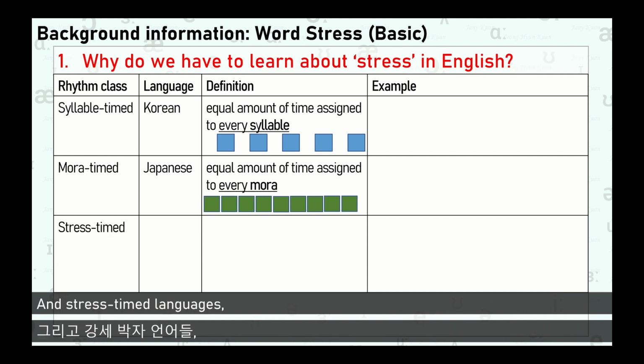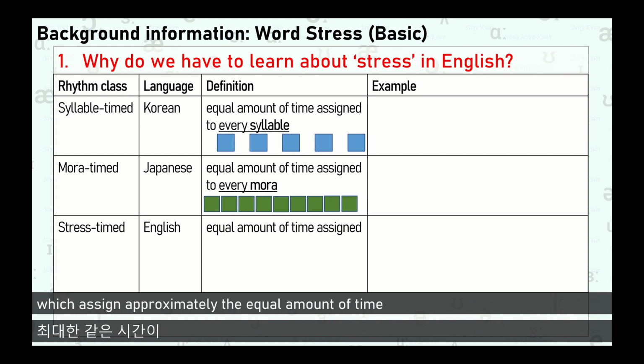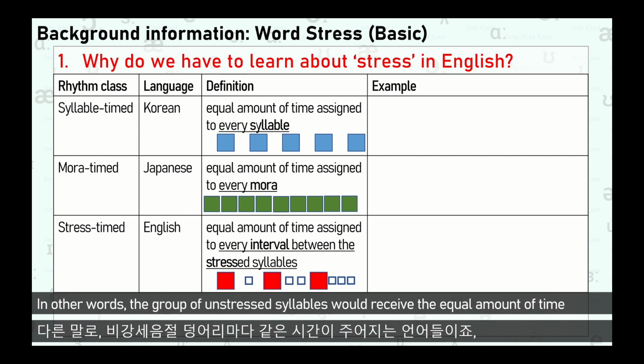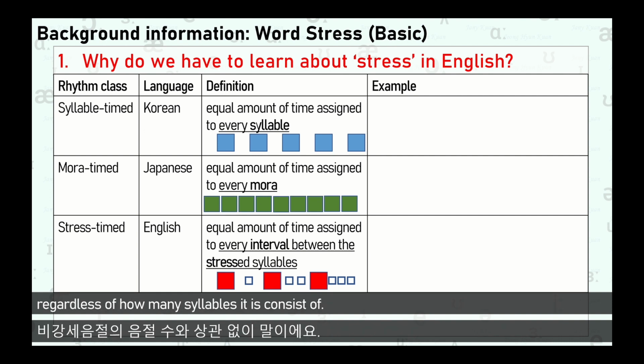And stress-timed languages, like English, which assign approximately an equal amount of time to every interval between the stressed syllables. In other words, a group of unstressed syllables would receive an equal amount of time, regardless of how many syllables it consists of.